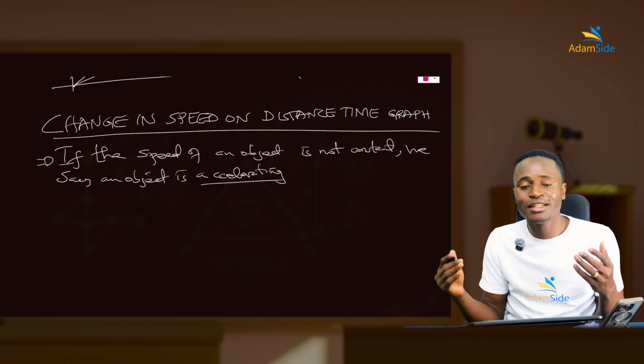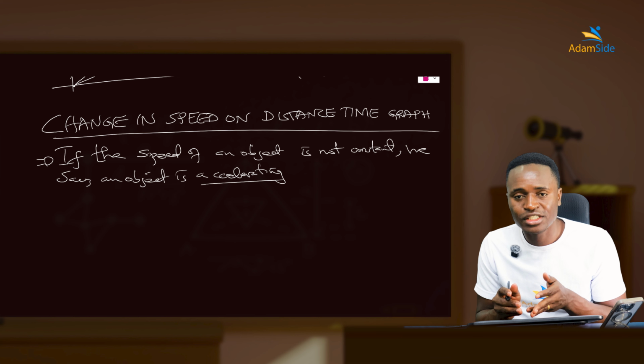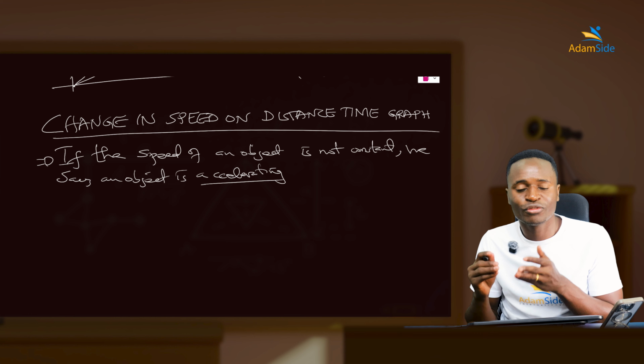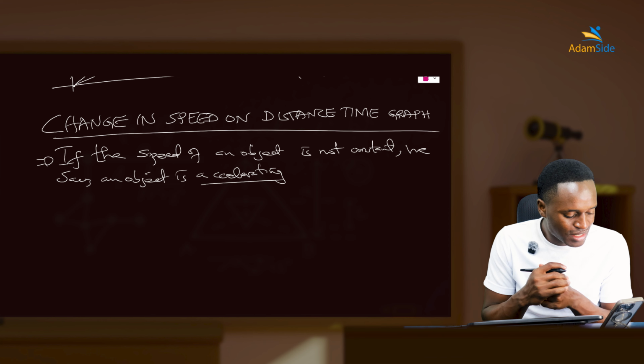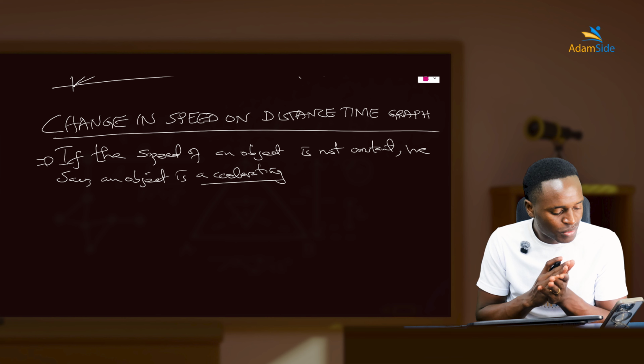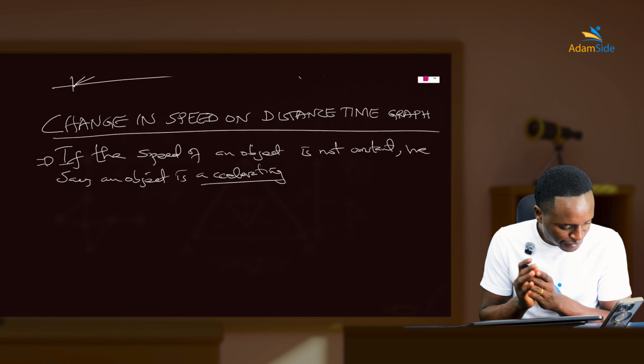Even in IGCSE math, you'll be asked to calculate the acceleration of a car from point A to point B. If an object doesn't have a constant speed, we say the object is accelerating.